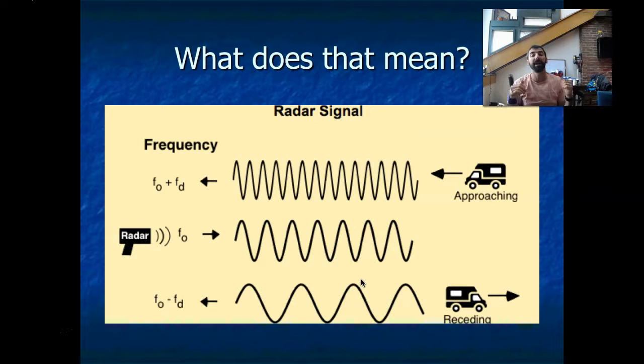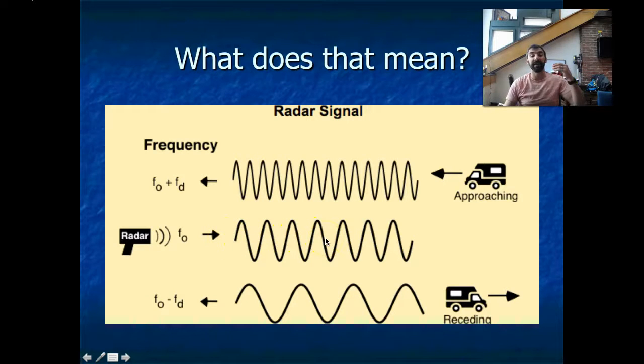No matter what, the Doppler effect is a change in apparent frequency due to the motion of an object compared to its observer. So the radar detector can pick up a change in frequency, a higher frequency or a lower frequency, compared to what it is regularly putting out.